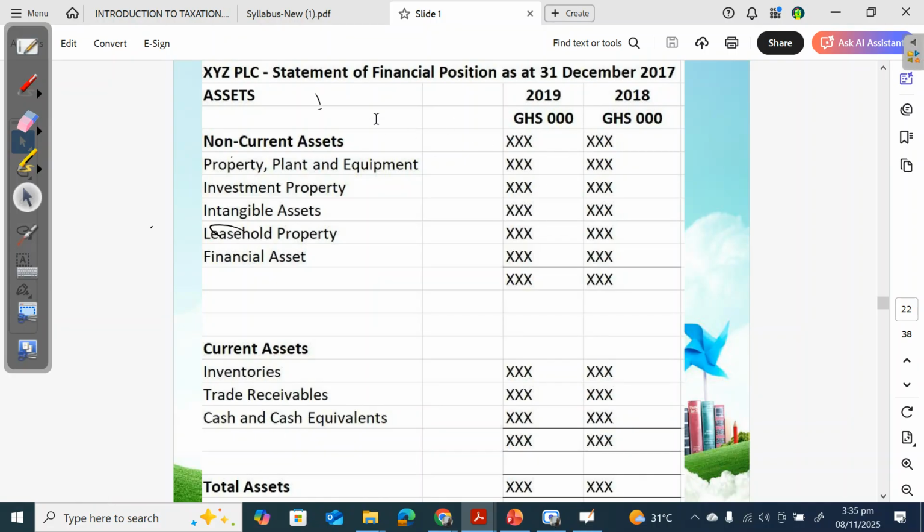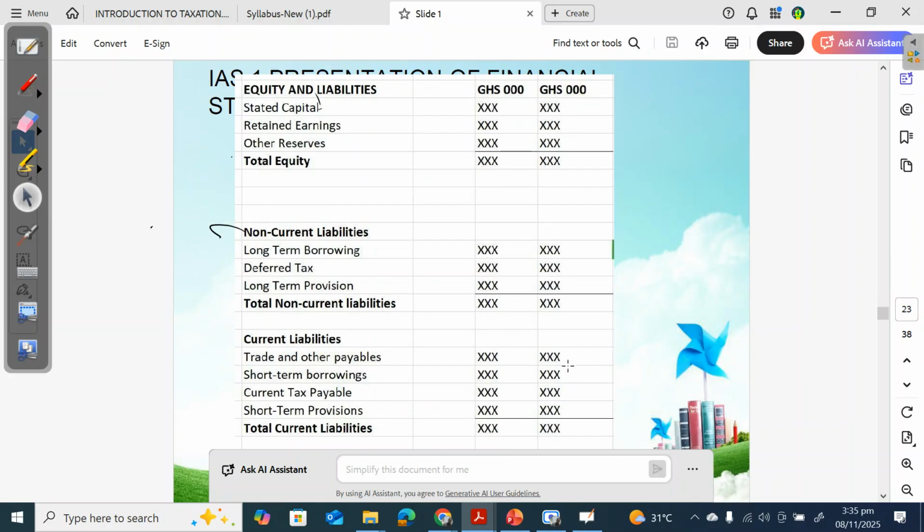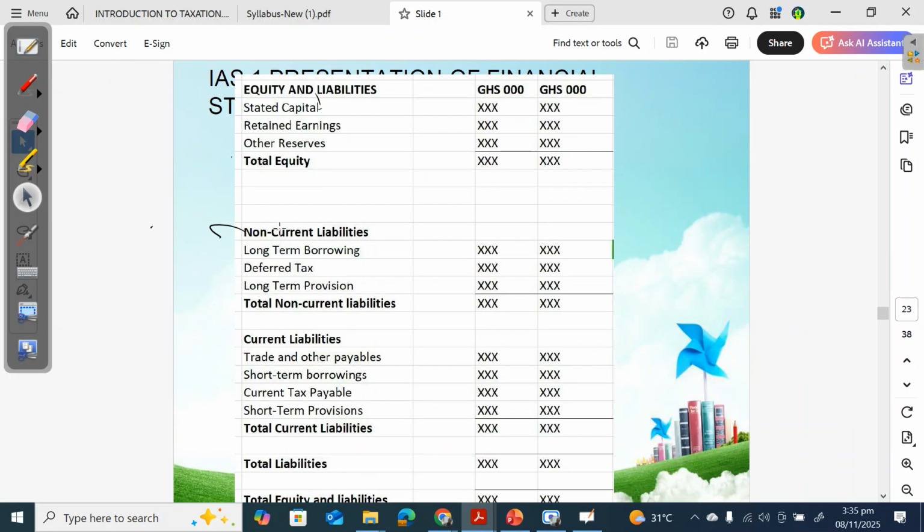So this is the statement of financial position, right? This is the format. We have all our assets here, and this is the classification. All our non-current assets are here, all our current assets are here, and all our liabilities are here.